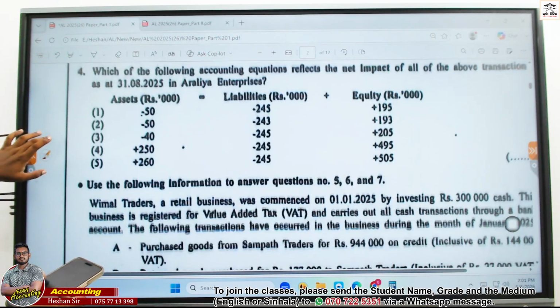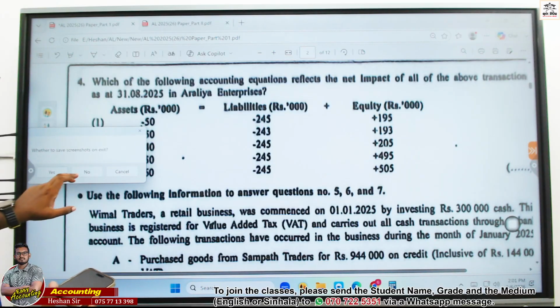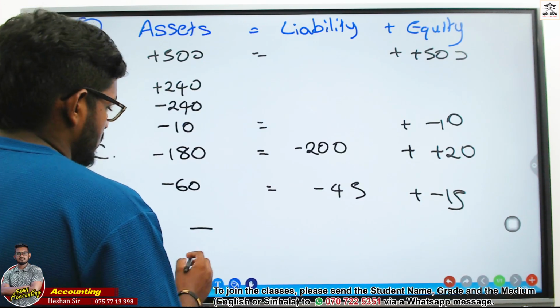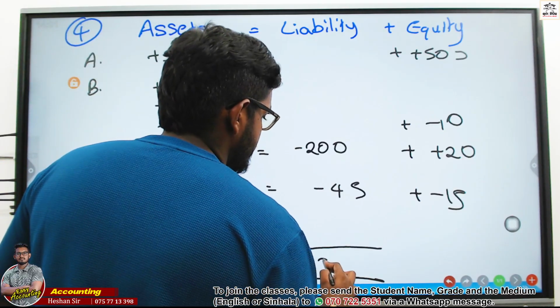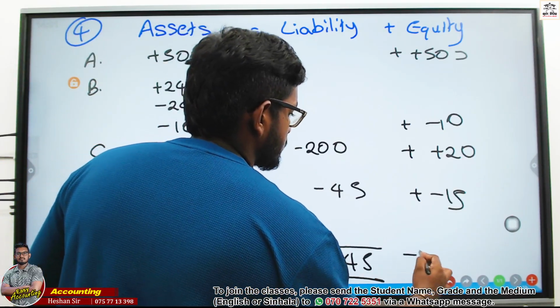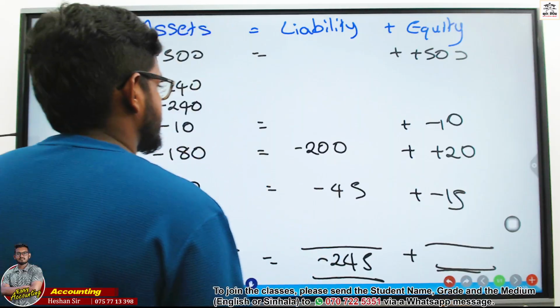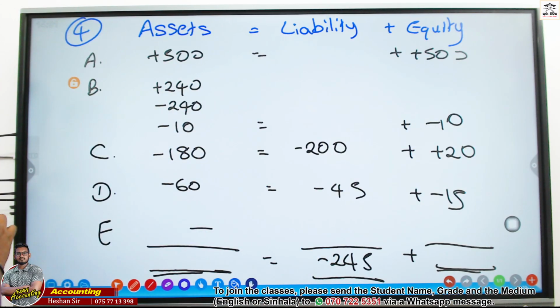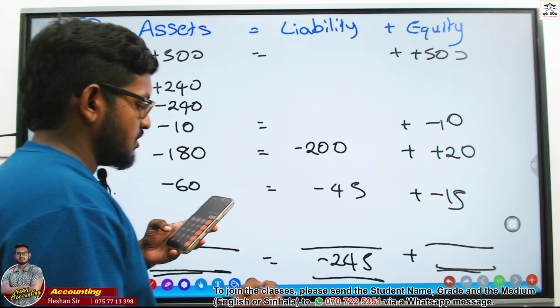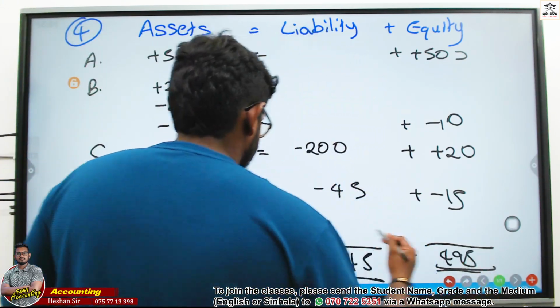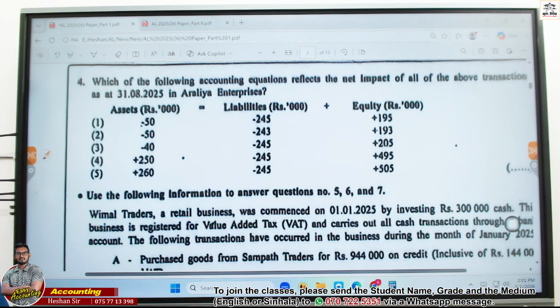So then we can take the net impact of all the transactions. In here minus 245. In here, you can see they are asking the net impact of the transaction: minus 10 plus 20 minus 15, that is 495.